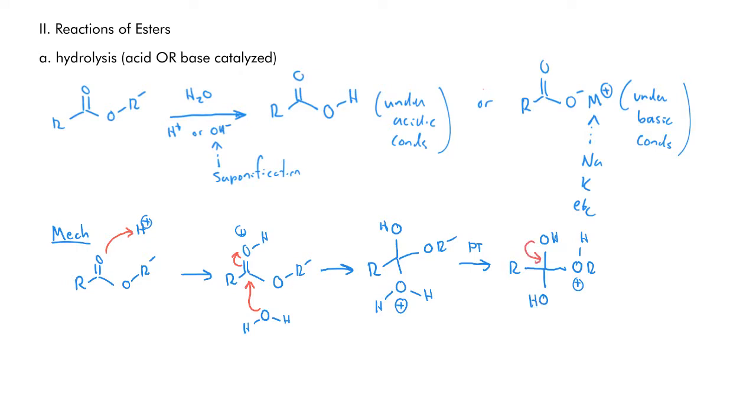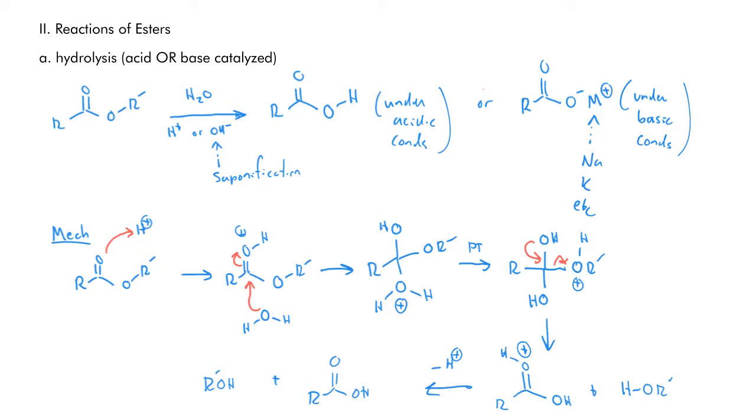So now we push down the electrons from the oxygen to reform the carbonyl, kicking off that alcohol leaving group, and we essentially have our carboxylic acid. It's still protonated. We also produce the alcohol. And that protonated oxygen, we just lose the proton to the acid catalyst that we're regenerating, and we're left with our carboxylic acid and the alcohol. So that's the mechanism for the acid catalyzed hydrolysis.